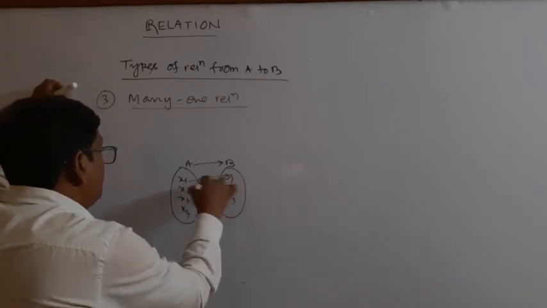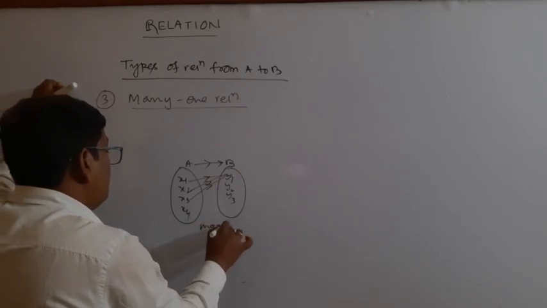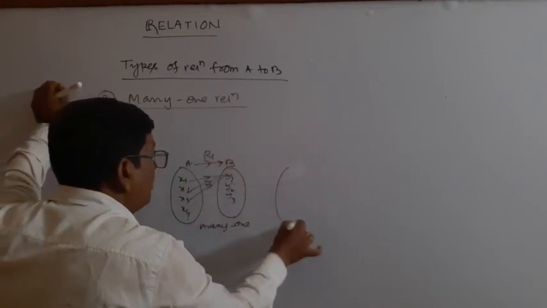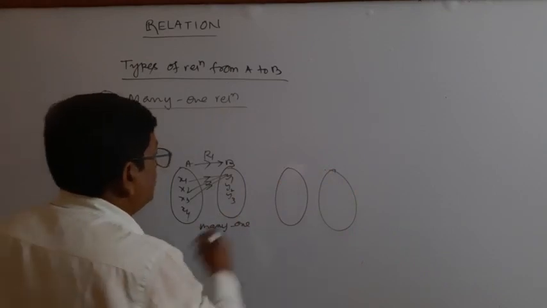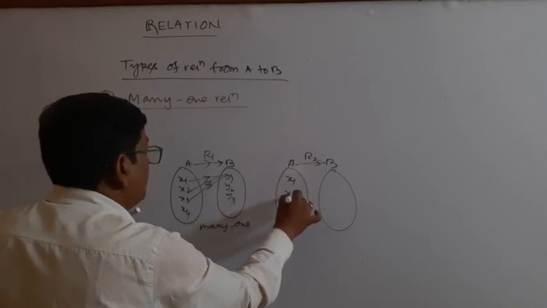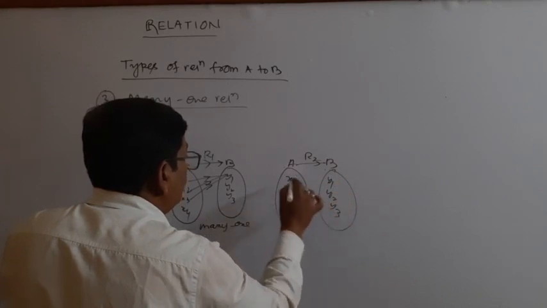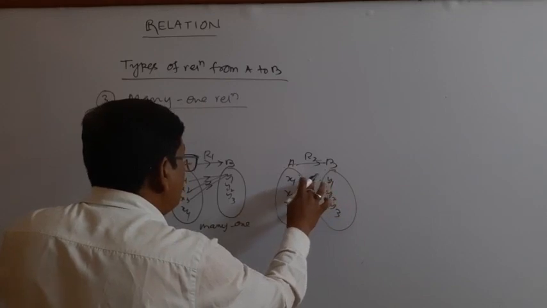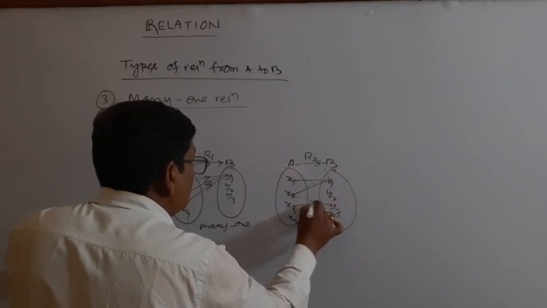This is relation R1. Another example is here: this is A, this is B, and this is R2, with x1, x2, x3, x4 and y1, y2, y3. This is also a many-to-one relation.